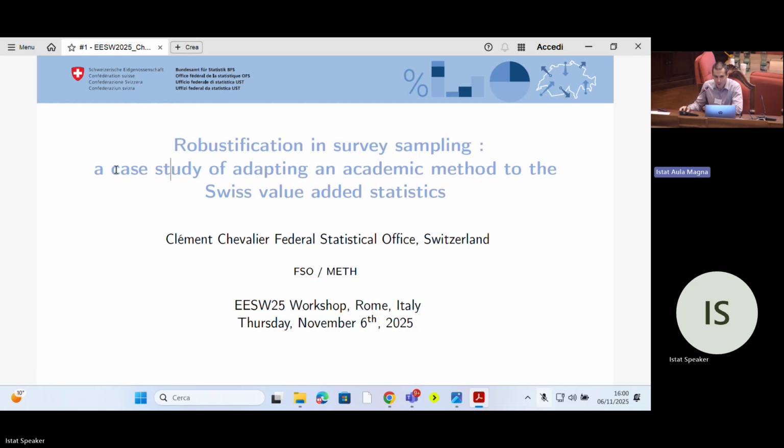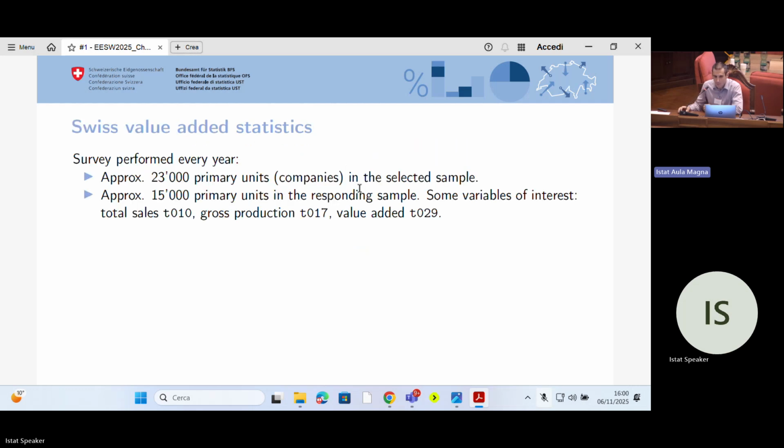I will talk about a case study of adapting an academic method to the Swiss value-added statistics, which is obtained with a survey. So what is this survey? The Swiss value-added statistics is a yearly survey with approximately 23,000 primary units, that's companies.